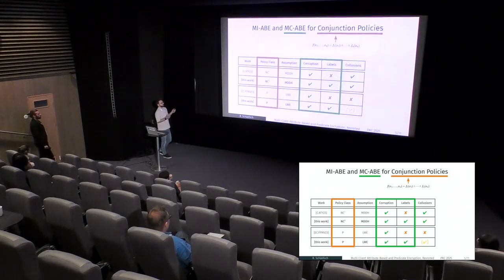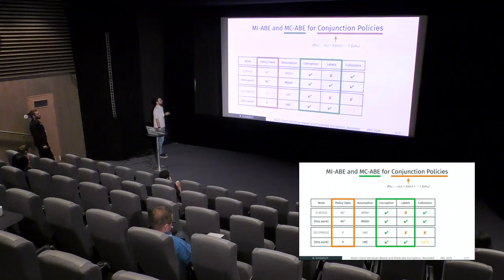And with respect to multi-client ABE, this basically means that we evaluate one policy locally in each slot, and globally we only check that all of them are satisfied, but there is no strong interaction between the attributes from different slots, so naturally these policies are much easier to achieve.